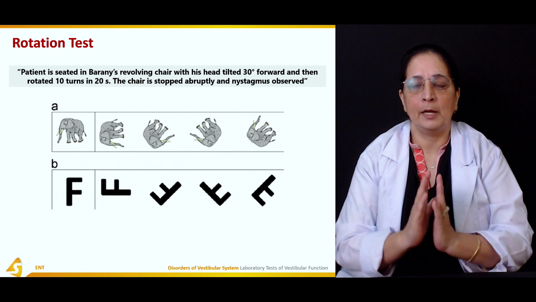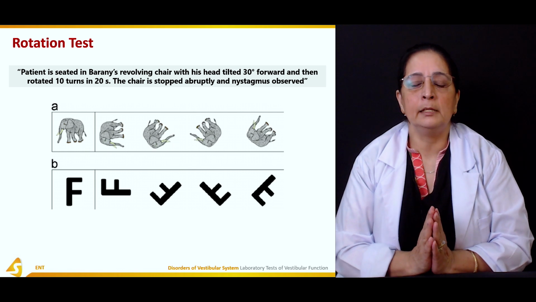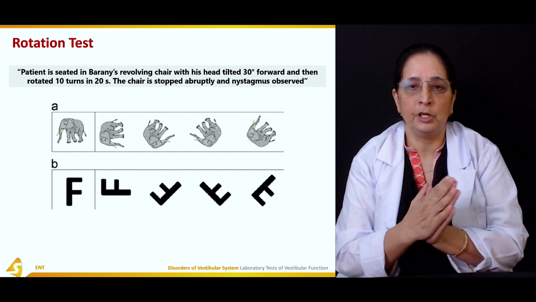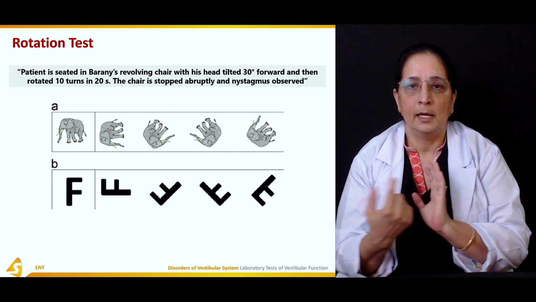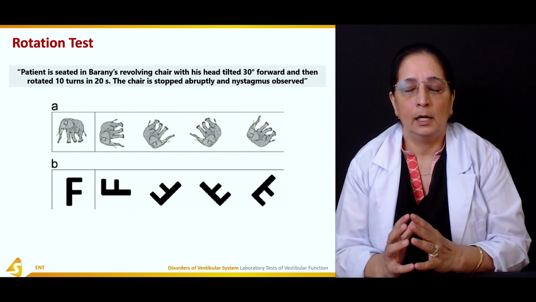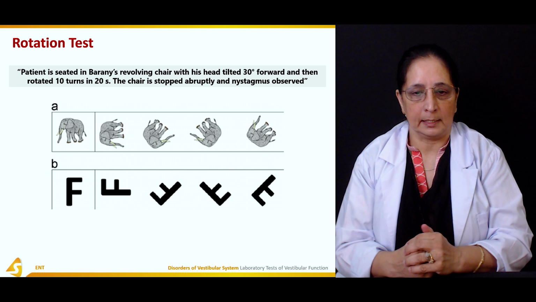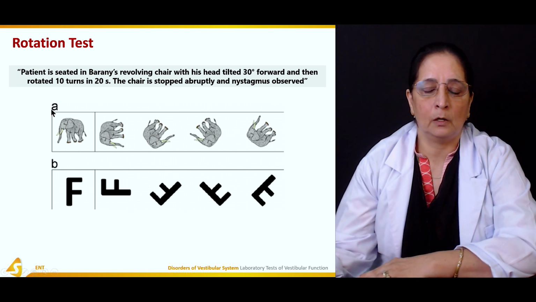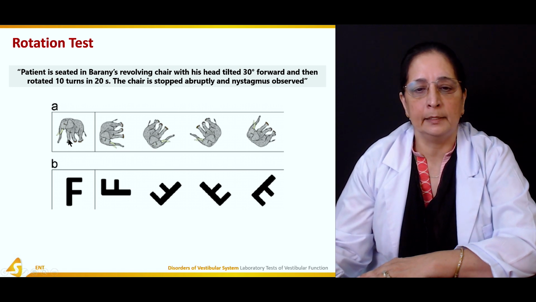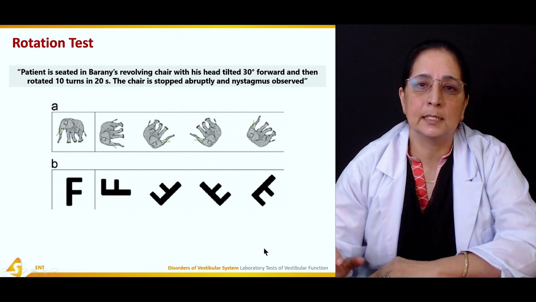The patient is placed on the revolving chair, the head is in the specific 30-degree position, the chair is rotated 10 turns in 20 seconds, and then it is stopped, and we see whether this causes nystagmus or not. The patient can also be asked to observe different pictures with different directions and rotations, to see if this can cause nystagmus or not.